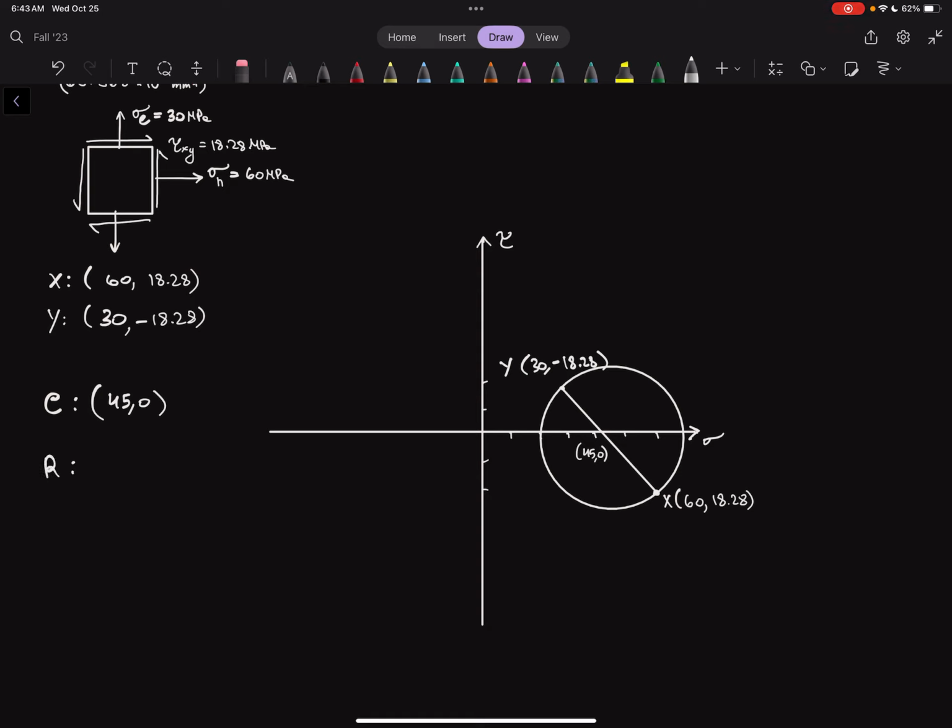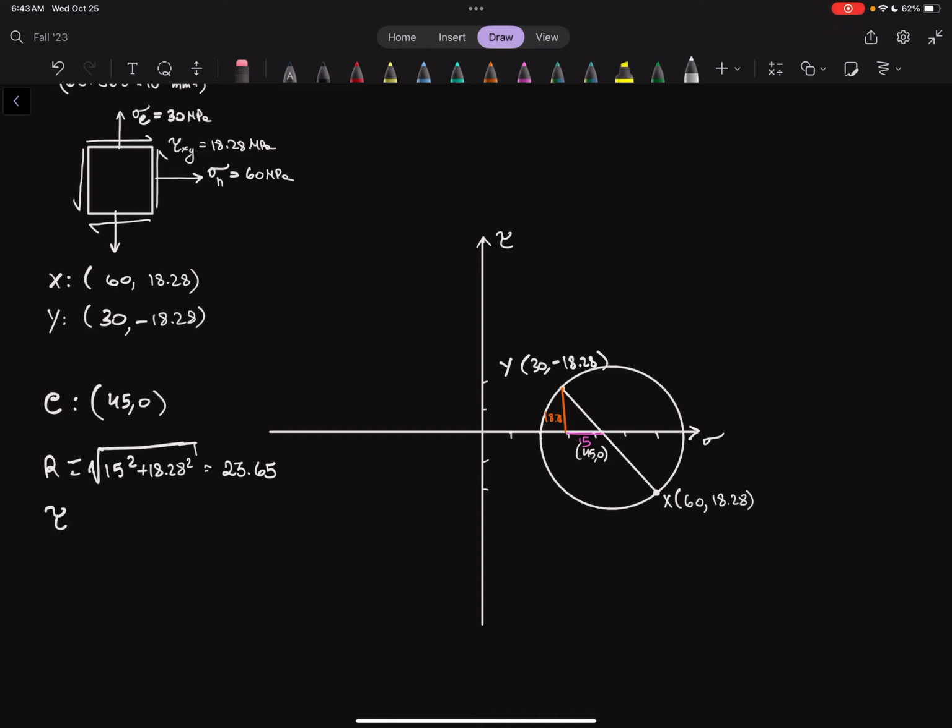And so the radius is equal to what? Well, we can look at this distance and this distance. So this distance is 15 and this distance is 18.28. So we can say the square root of 15 squared plus 18.28 squared, that's 23.65.